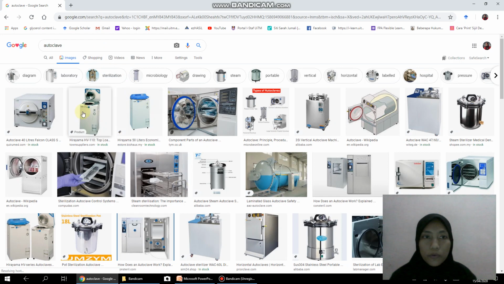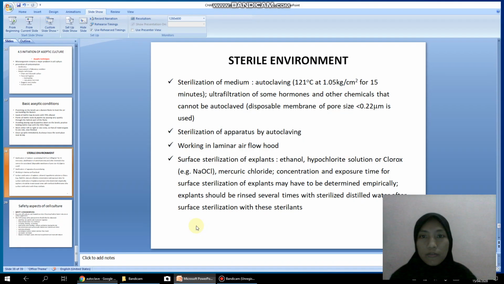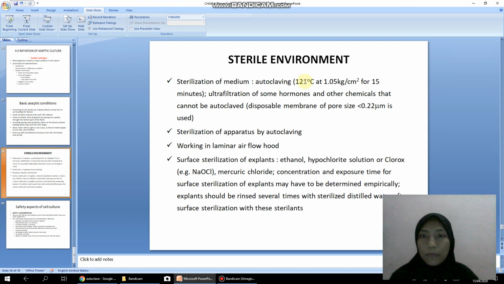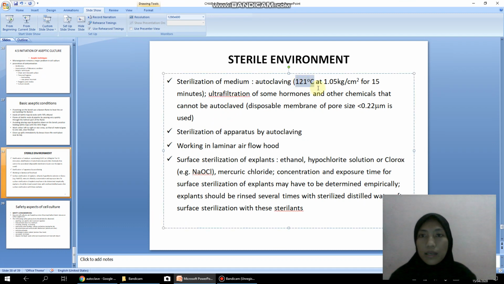If you put stuff in here, it will kill all of the contaminating materials using pressure. So it's really awesome, and it's really murderous. With a temperature of 121 degrees Celsius, 15 psi, for 15 minutes, everything should be killed.